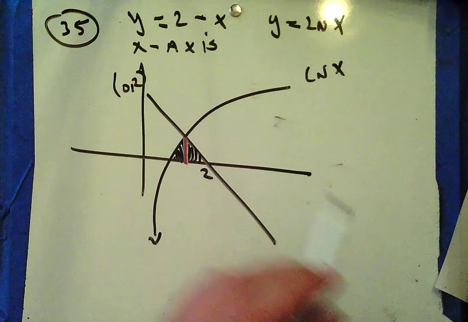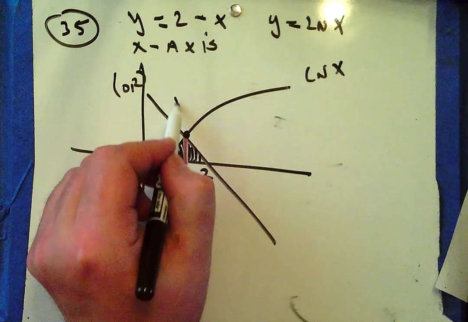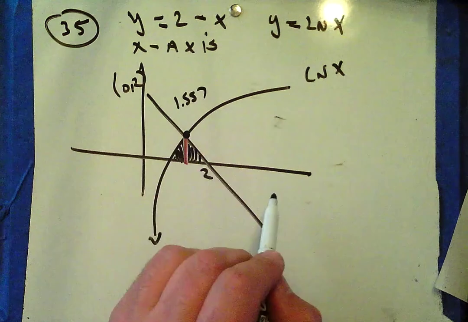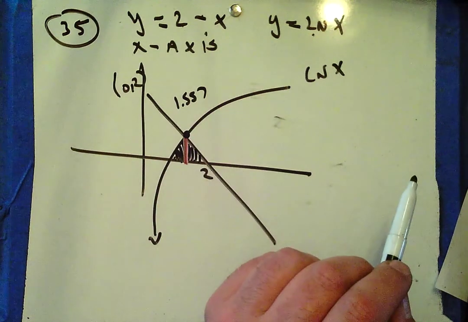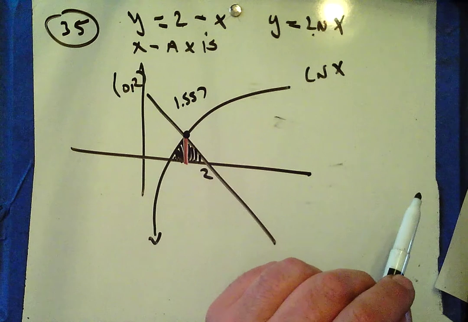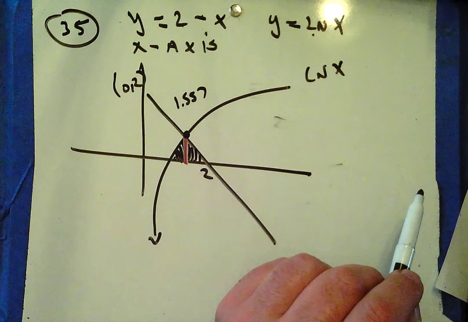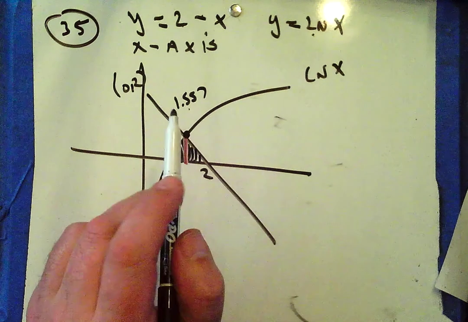I believe that point of intersection there is 1.557, though I could always graph this in y1 and this in y2 and confirm it, but the only values I see in the choices involve this one.